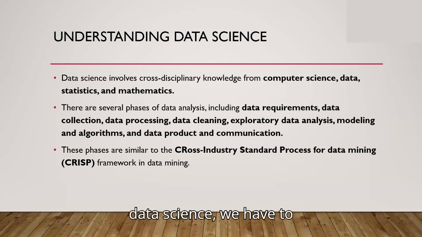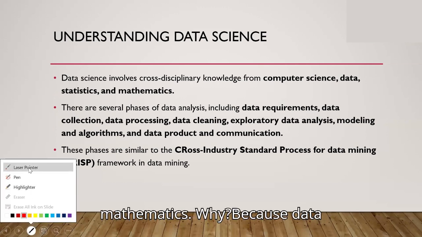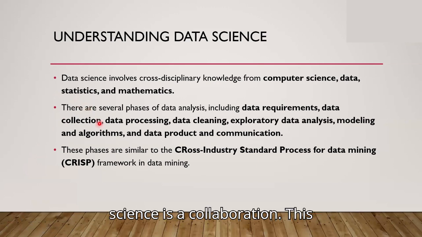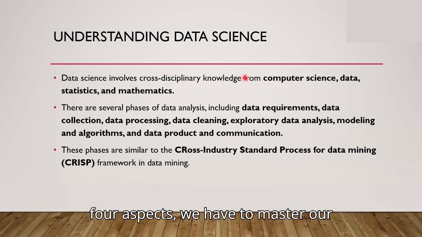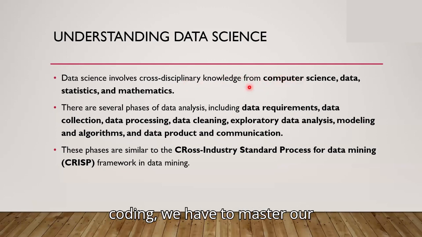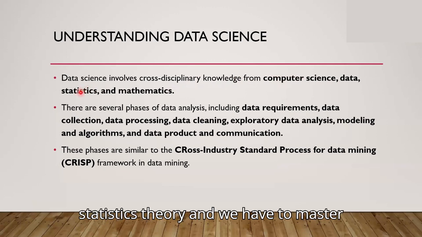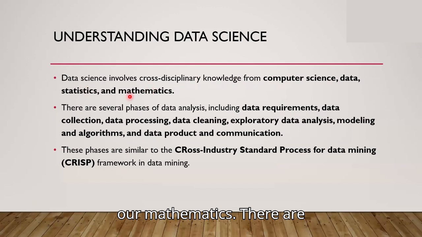If we study data science, we have to master other subjects such as computer science, statistics, and mathematics. Why? Because data science is a collaboration between these aspects. We have to master our coding, our statistics theory, and our mathematics.